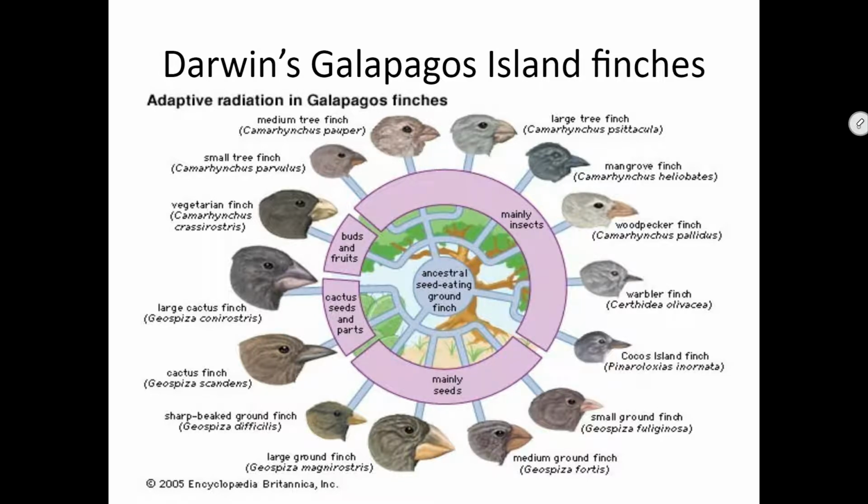Radiation, think of the beams of the sun radiating out from the center. You see that here. From that one ancestral bird come many different kinds of birds, kind of diverging off of that center bird. This has to do with the fact that all these different niches became available, and as niches are available, resources are available, and you'd expect species to exploit those available niches.